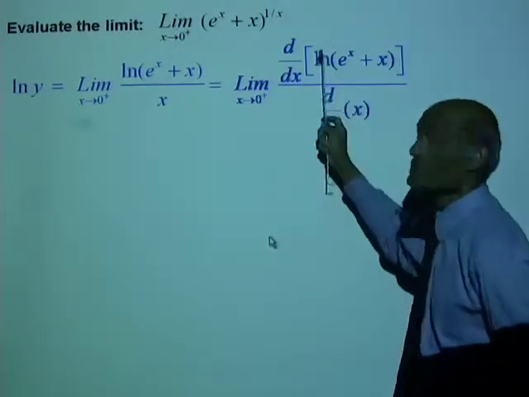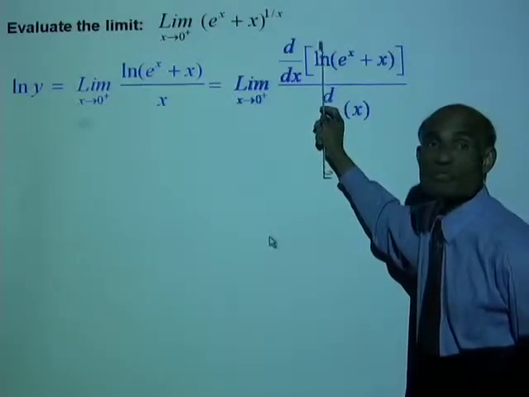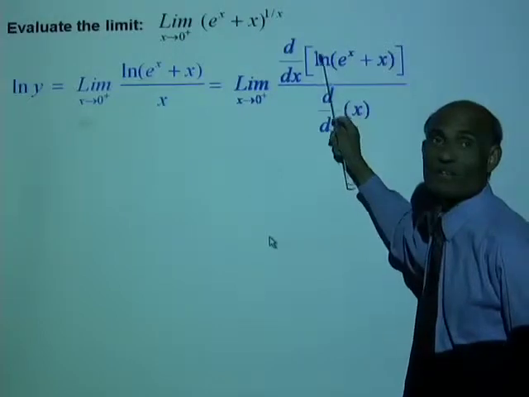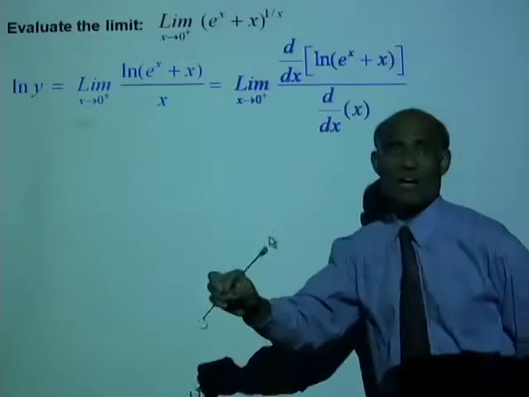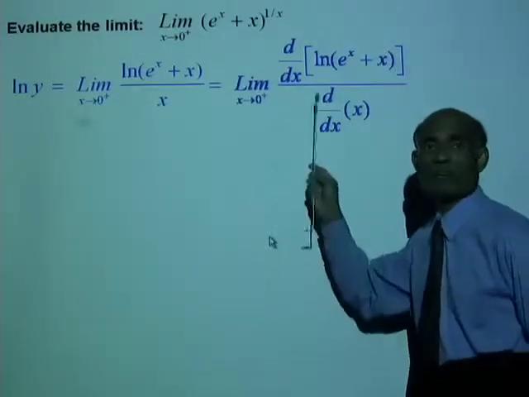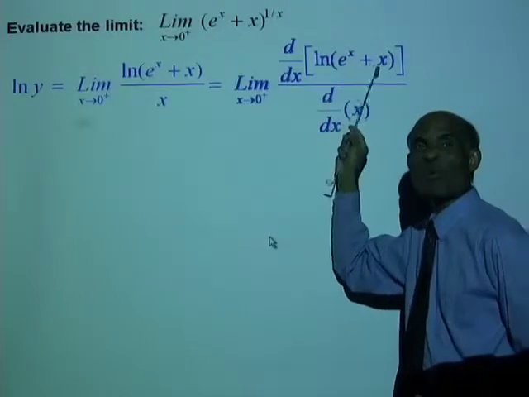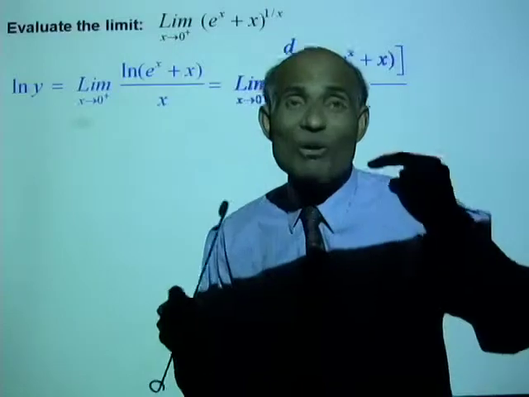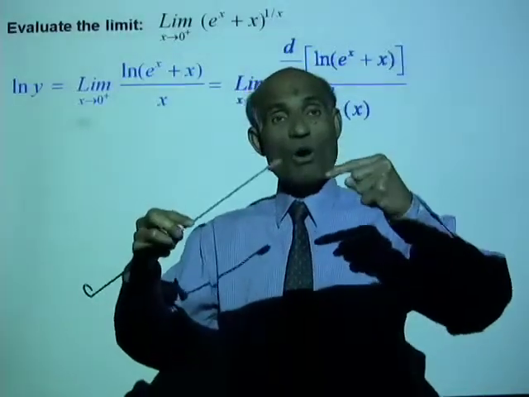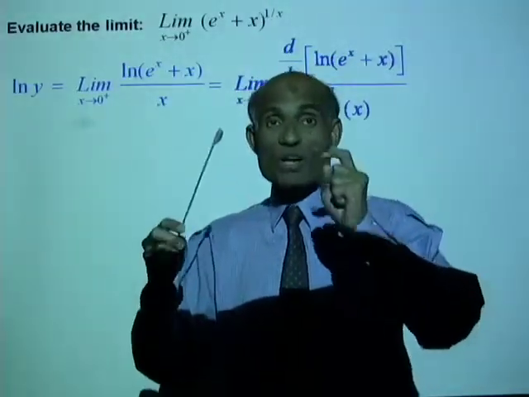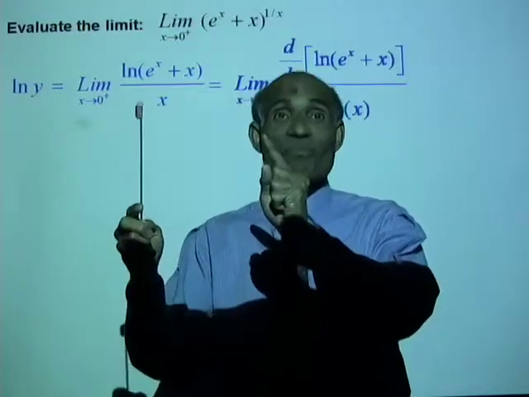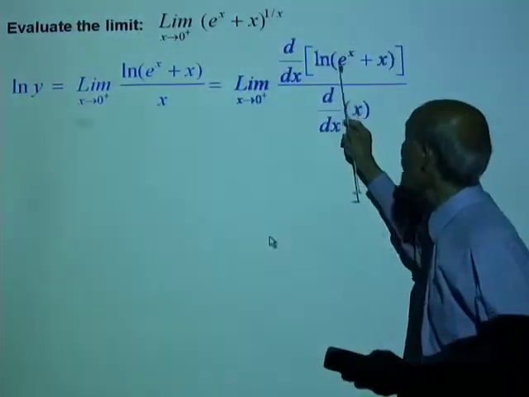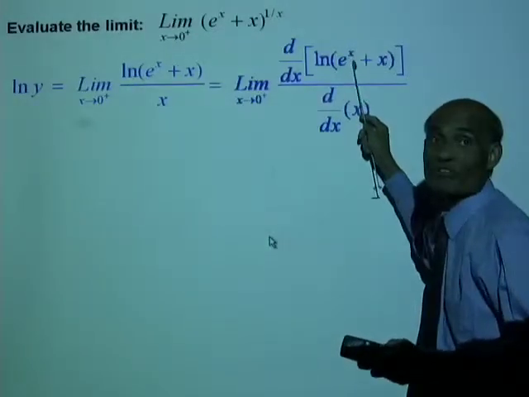Okay, and now tell me what is the derivative of ln (e to the power of x plus x). Now try and write it down on a piece of paper, the derivative of an ln quantity. Remember, the derivative of an ln quantity is 1 over that quantity times the derivative of that quantity. Alright? Here the quantity is e to the power of x plus x.